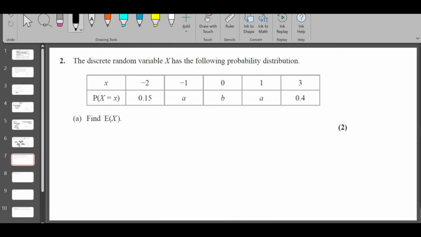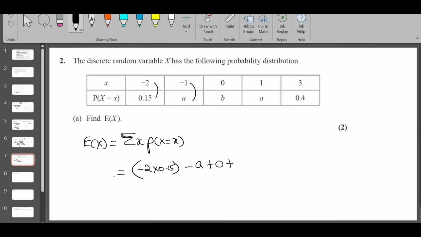Number 2 now. The discrete random variable X has the following distribution. Find E of X. The formula to find E of X is sigma x times P of x. So take x, multiply by P of x and sum up. Minus 2 times 0.15, minus 1 times A, 0 times B, 1 times A, 3 times 0.4.